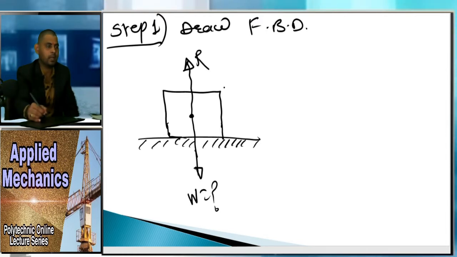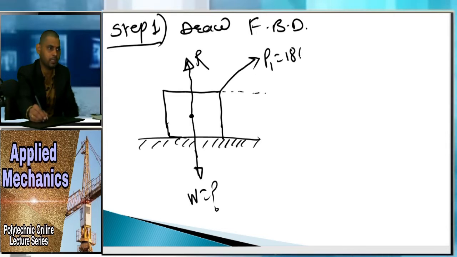Now for this body we have given a pulling force. Pulling force means away from that point. So that is P1 equal to 180 Newton, and the angle is given as 30 degrees, theta. Now the motion of the body is towards the right side.